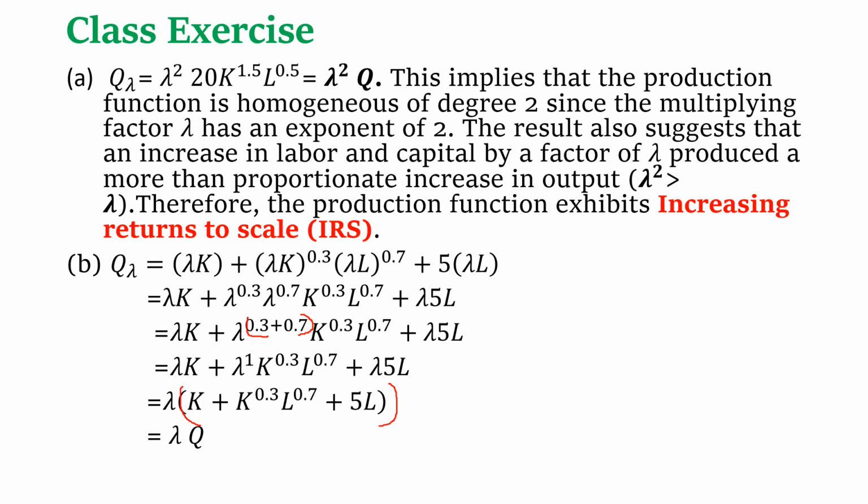the farm is experiencing decreasing returns to scale, then it is not efficient for the farm to increase the plant size. Because if it doubles the input, the output is not going to double. It's going to increase by less. So it is not efficient when the farm is experiencing decreasing returns to scale.